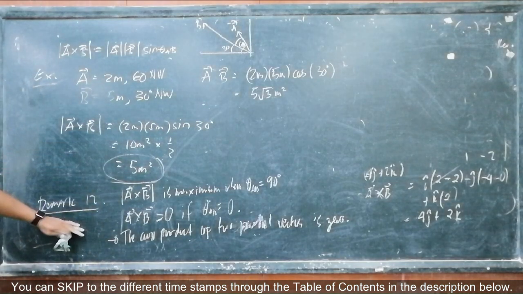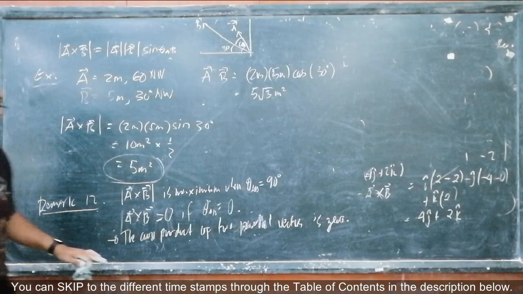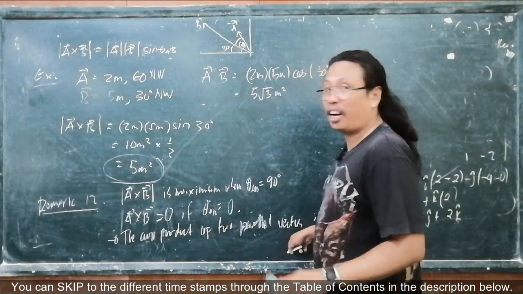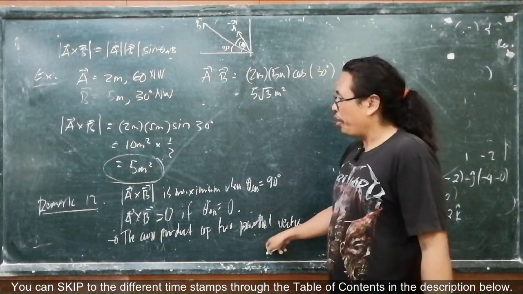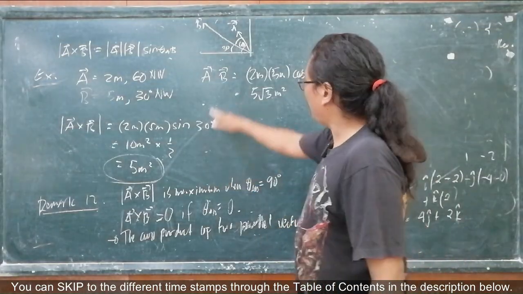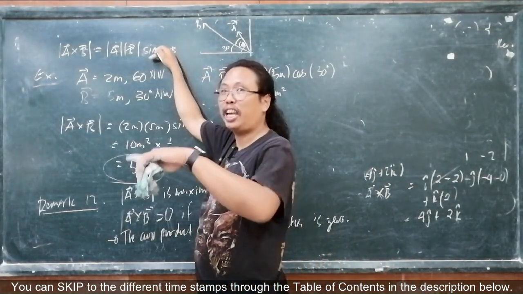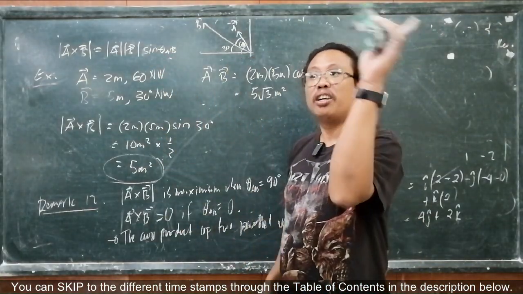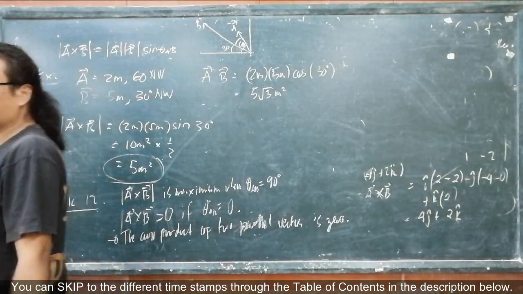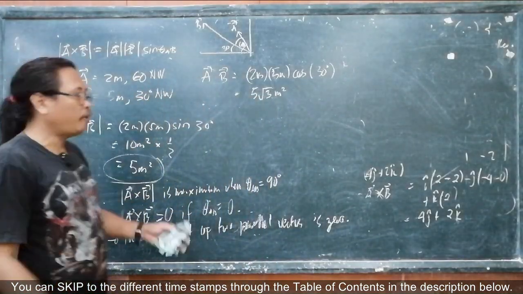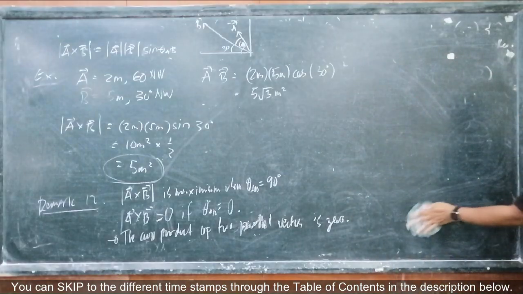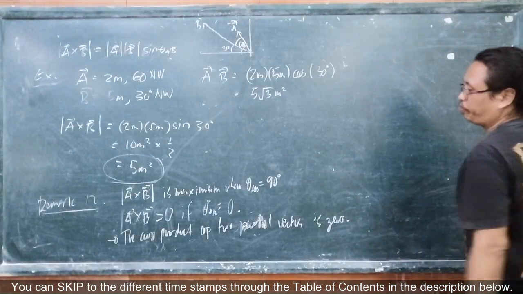The cross product, on the other hand, gives us a way to verify if the two vectors are parallel. They are parallel when the cross product is 0. It's clear by this definition, because when they are parallel, theta is either 0 or 180 degrees, or pi, and sine of 0 or pi is 0. So the cross product of two parallel vectors is 0. It's easy to check that.